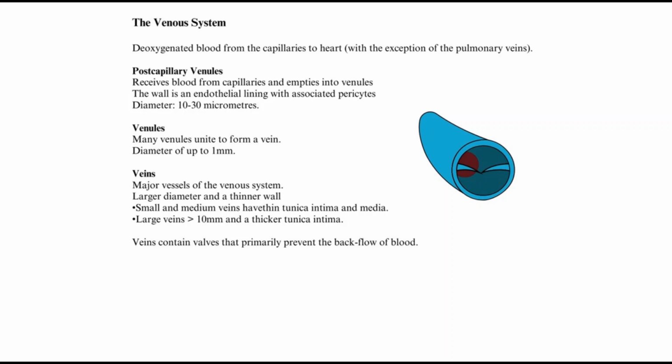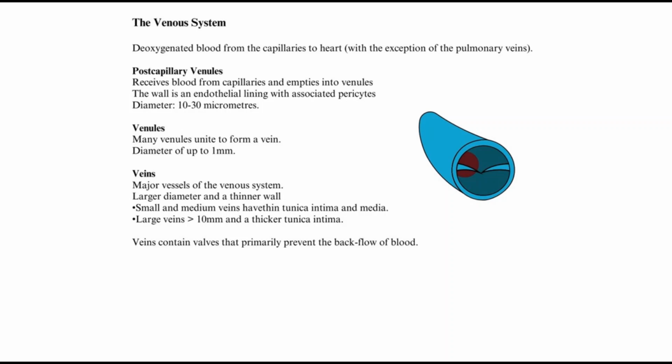Veins. Veins are the major vessels of the venous system, and they are the final step in return of blood to the heart. Veins generally have a larger diameter and a thinner wall than the artery. The vessel wall contains more connective tissue with less elastic and muscle fibers, as they do not have to withstand high pressure.